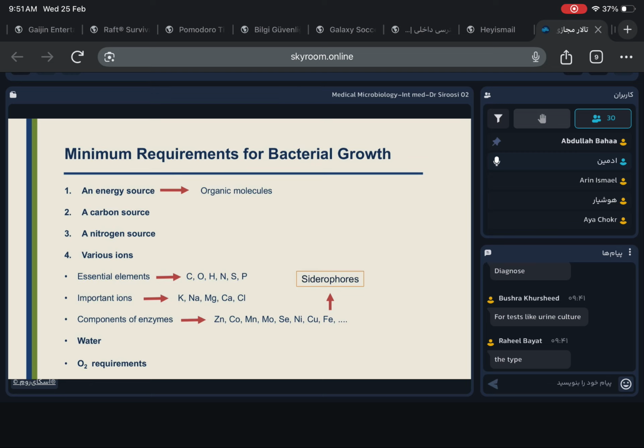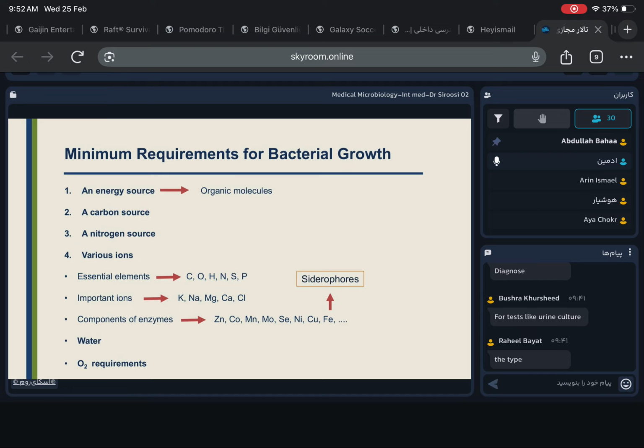And bacteria are living microorganisms, so it makes sense that we say they need water also to grow. And regarding molecular oxygen, it is not like all bacteria need molecular oxygen. We humans, yes, we need molecular oxygen to grow.